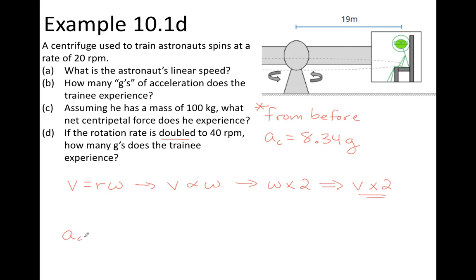And when we look at the effect on the acceleration, we should note that the acceleration is not directly proportional to the speed. It's proportional to the speed squared. So when we take the linear speed and multiply that by 2, that will not double the acceleration. That is going to quadruple the acceleration.